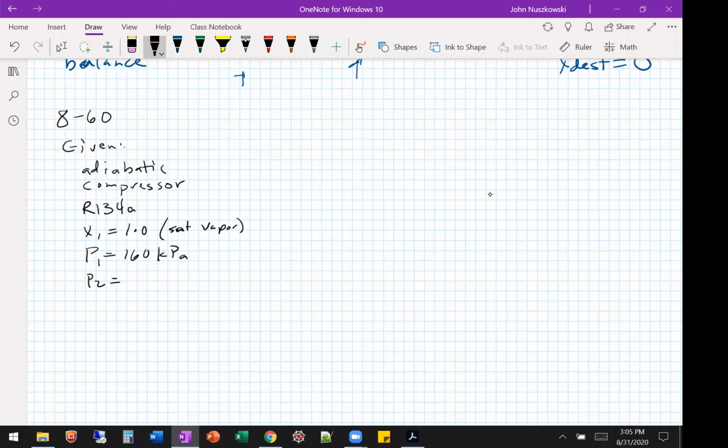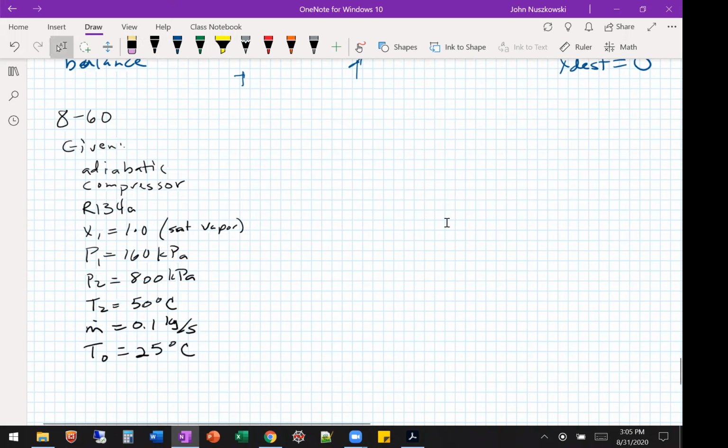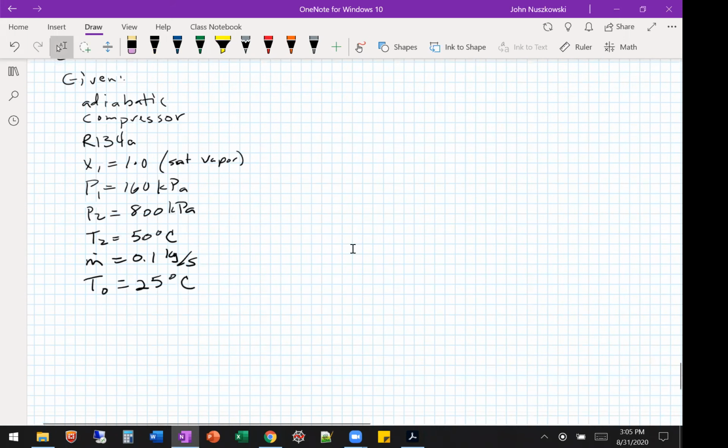Here the compressor compresses it to 800 kPa and a temperature of 50 degrees Celsius. They told us the mass flow rate is 0.1 kilograms per second. The dead state temperature is 25 degrees Celsius. And then they want us to find the minimum power required.